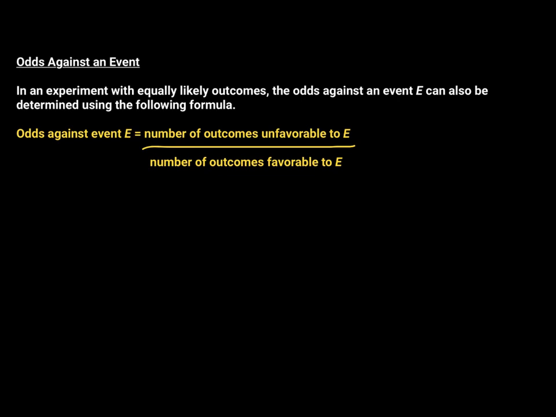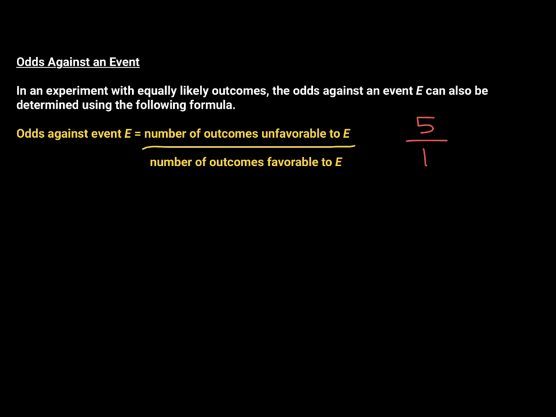That was for rolling a 4. How many outcomes are unfavorable to rolling a 4? 5, right? We could roll a 1, a 2, a 3, a 5, or a 6. Those are unfavorable outcomes. Over how many outcomes are favorable to rolling a 4? Well, there's only 1, right? And so 5 to 1.